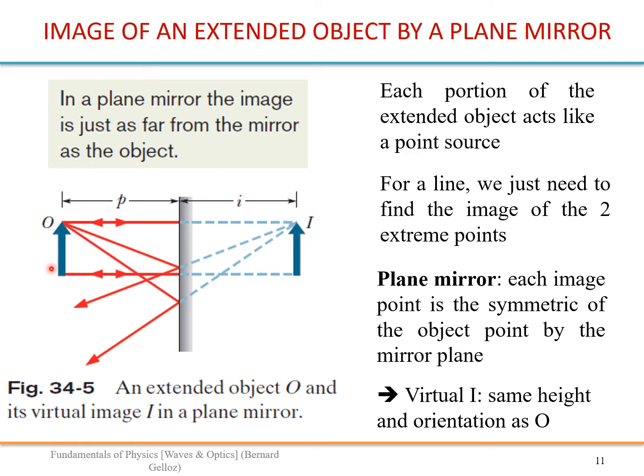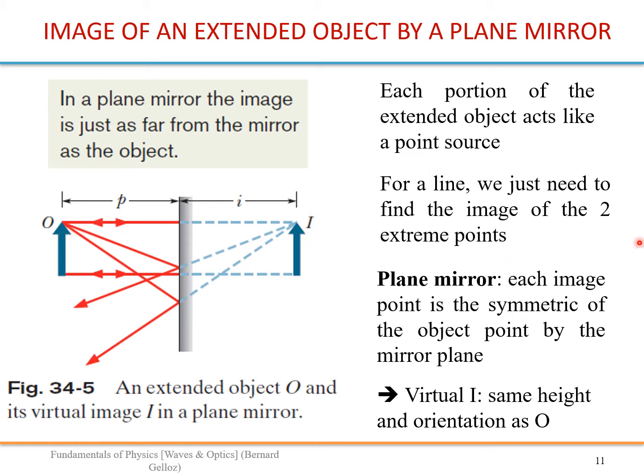So the image of that large, extended object will be an extended object also. And in the case of the mirror, it will be the same size. The height of this arrow will be the same. Okay. The image height will be the same as the object height.